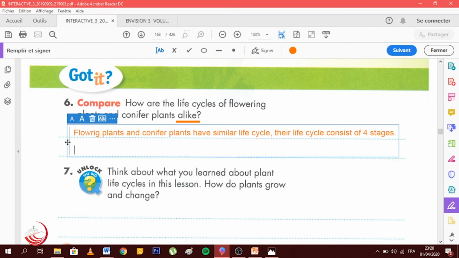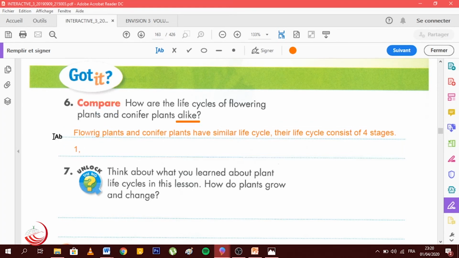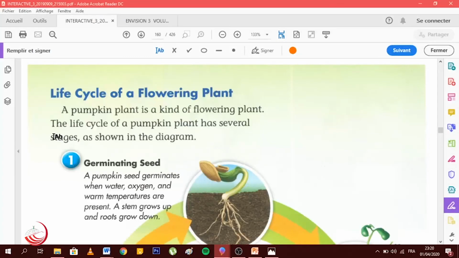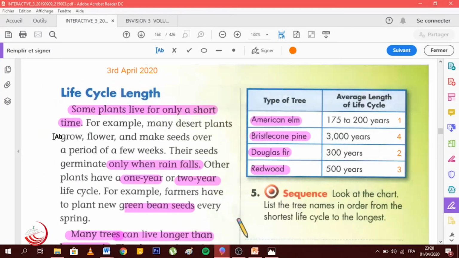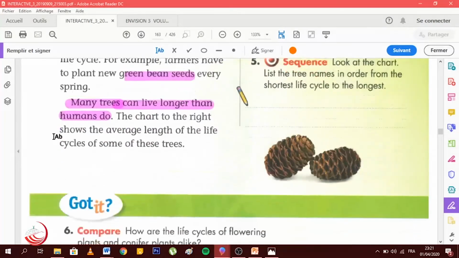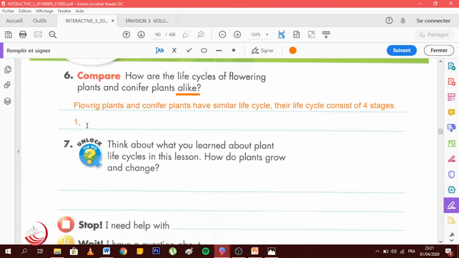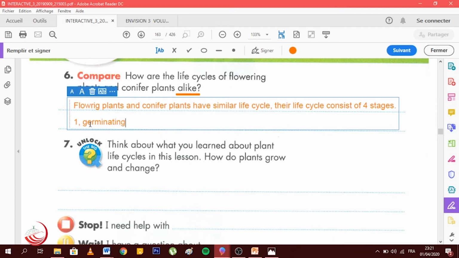Very good. The first one is planting the seeds, we can see it from here. Planting or germinating the seeds. Germinating seeds.